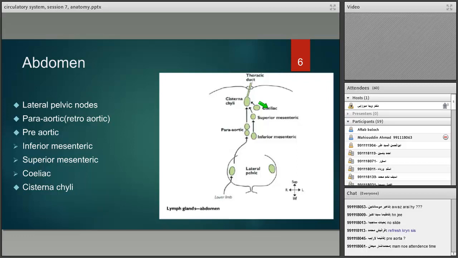So its color is a kind of milky. So they are also called the lacteal ducts. Yes, lipid. So the system or the ducts which are coming from the digestive system are also called the lacteal ducts.